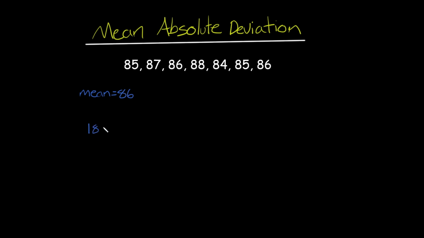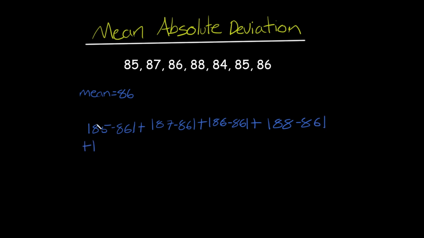So this is going to be 85 minus 86, plus 87 minus 86, plus 86 minus 86, plus 88 minus 86, plus 84 minus 86, plus 85 minus 86, plus 86 minus 86.